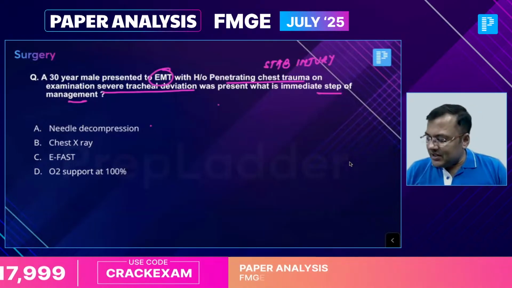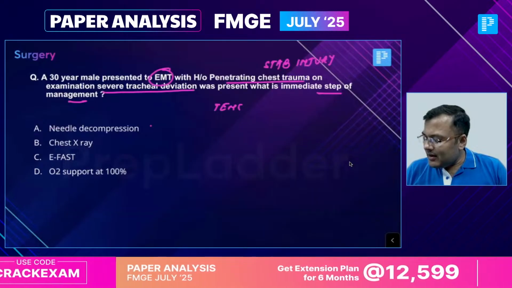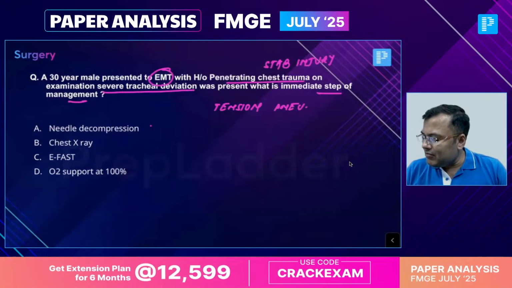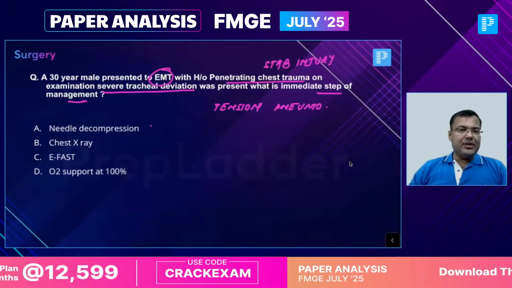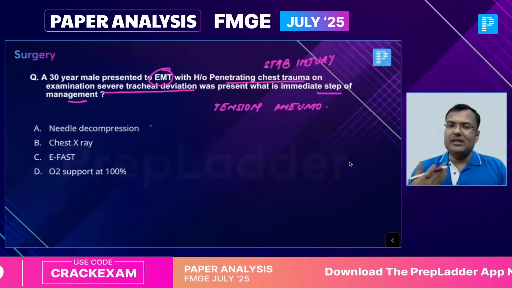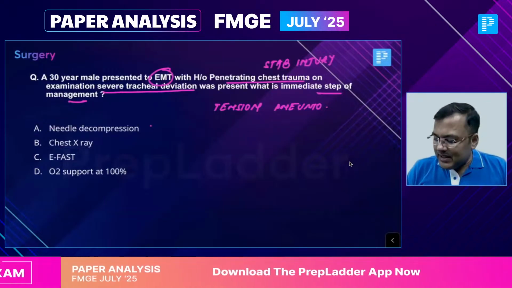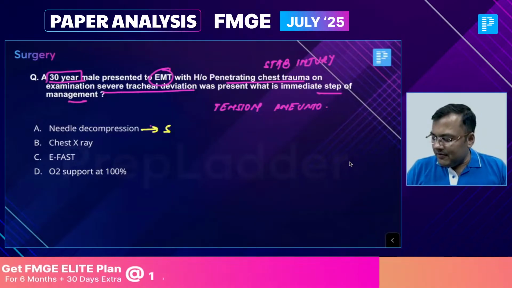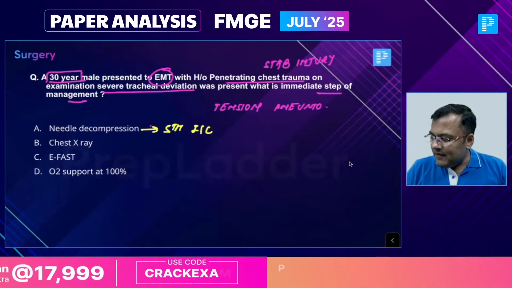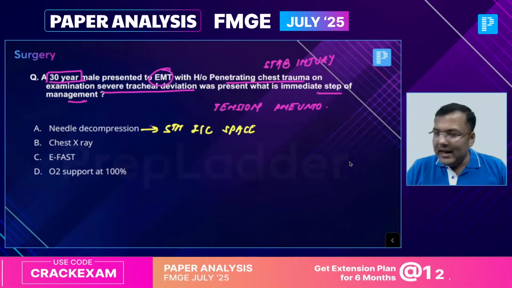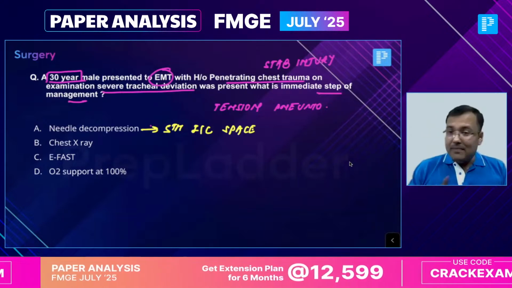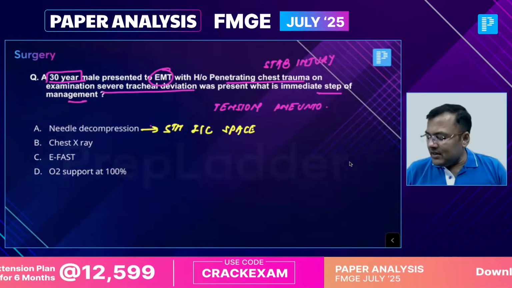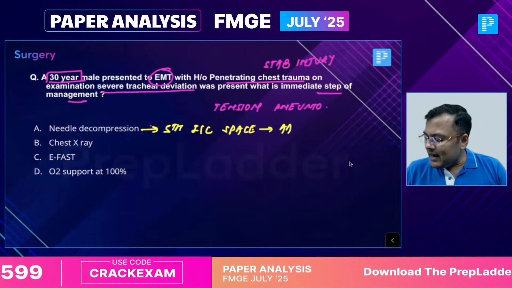What is the immediate management in tension pneumothorax? Needle decompression. अगर बच्चा होता, second intercostal space in midclavicular line, but this patient is an adult. Since adult patient is there, needle decompression in fifth intercostal space, anterior axillary line. Mid axillary line नहीं है, anterior axillary line.